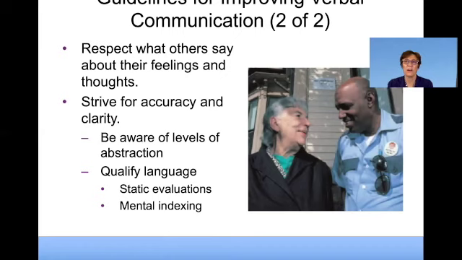If it applies to that person at all times, it's static and unchanging. Mental indexing is making a note of when things happen and being specific about applying your evaluations and how you're describing things. So take note of that, and take note of how you're looking at things.